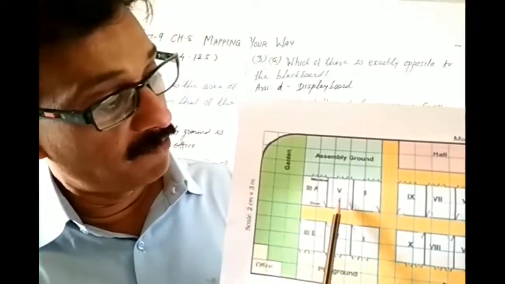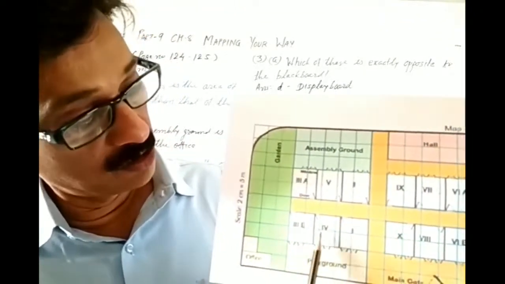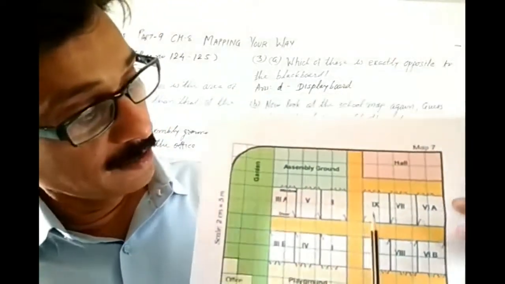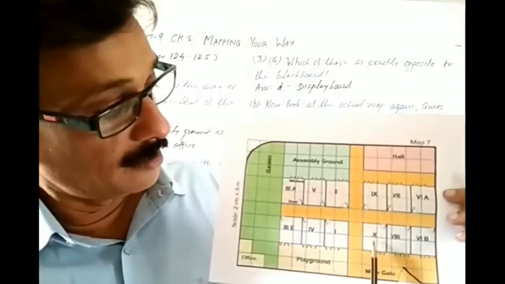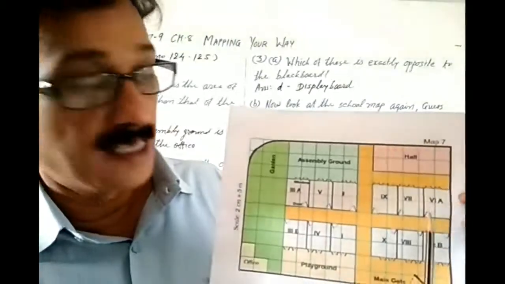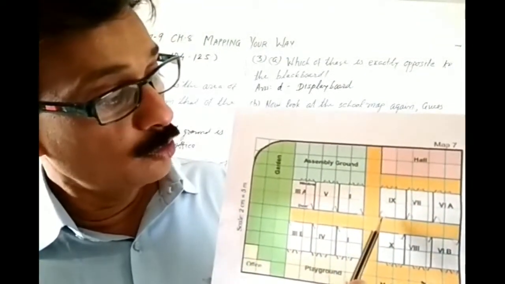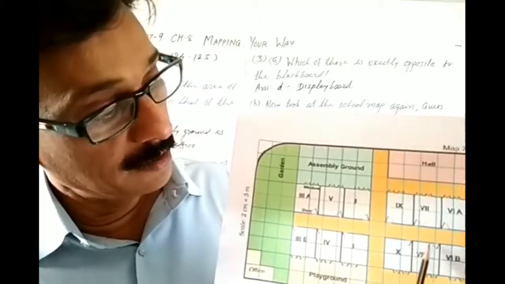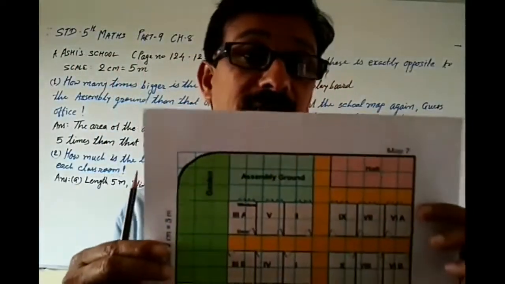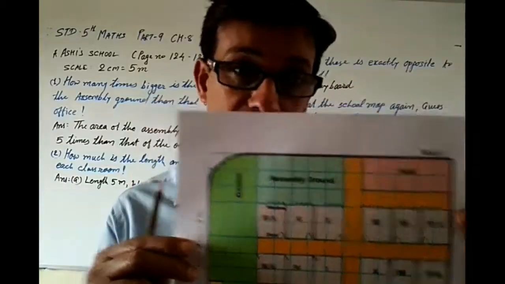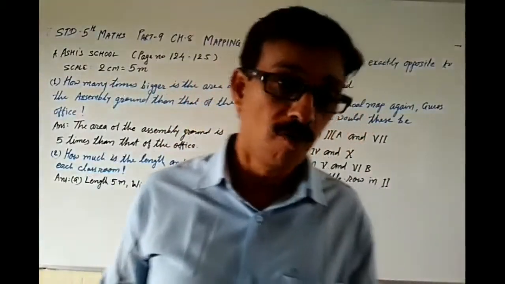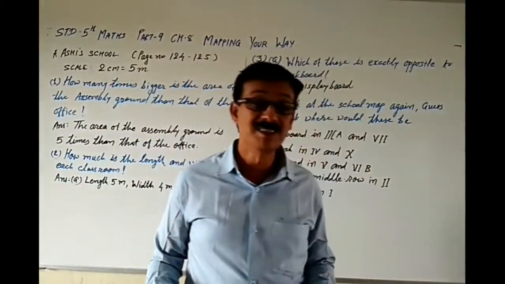This is 3rd A, 5th, 2nd, 1st, 4th and 3rd B. Then here you can see this is 9th standard, 10th standard, 7th standard, 8th standard, 6th A, 6th B. In those also the doors are somewhere over here and windows are there. See, this is required. Why? Because it will be required in the answers of the questions. That is why we have discussed it.